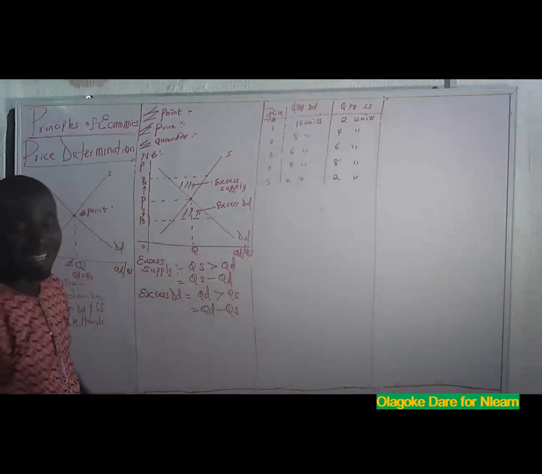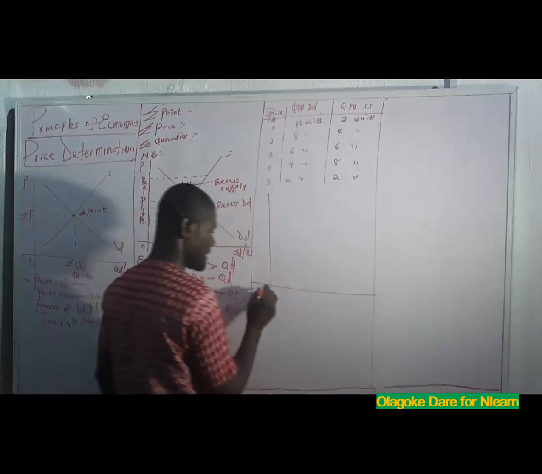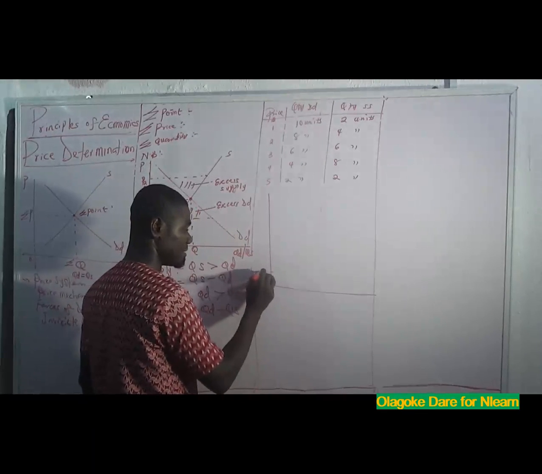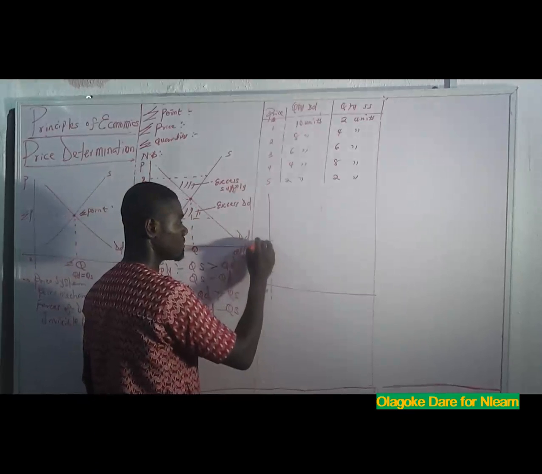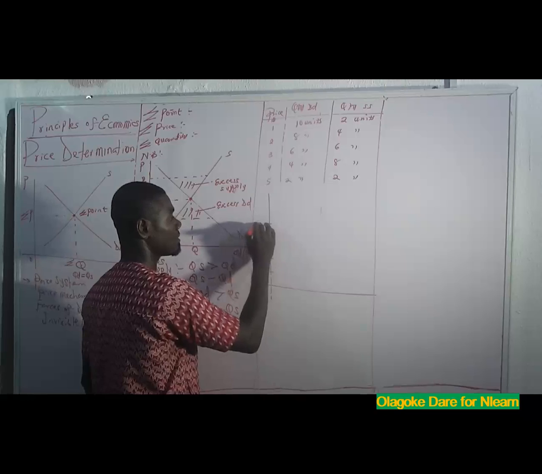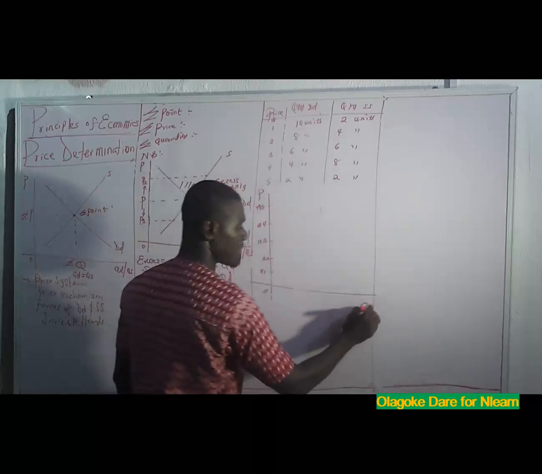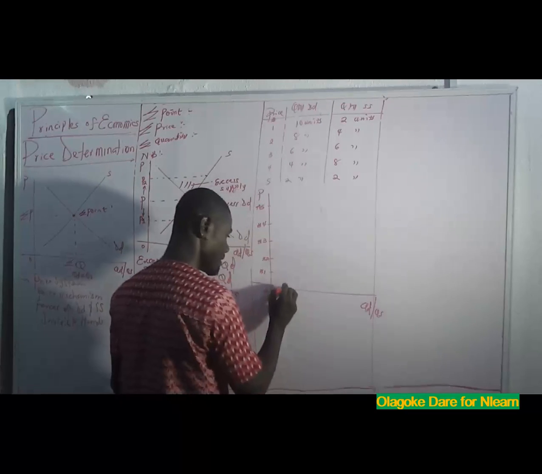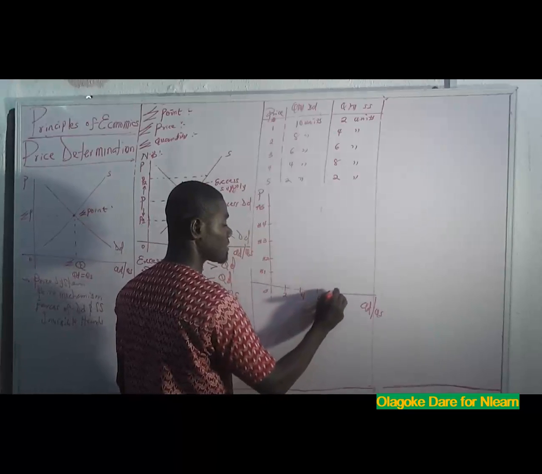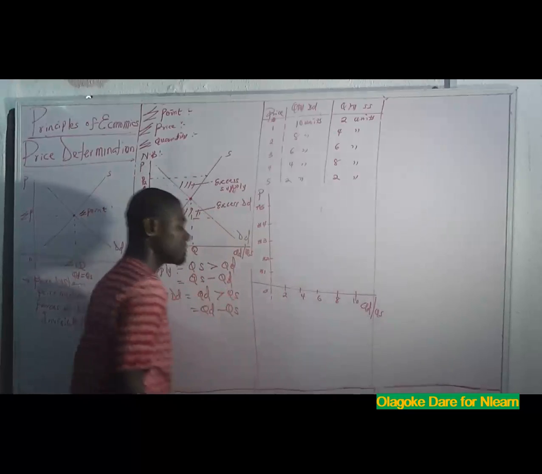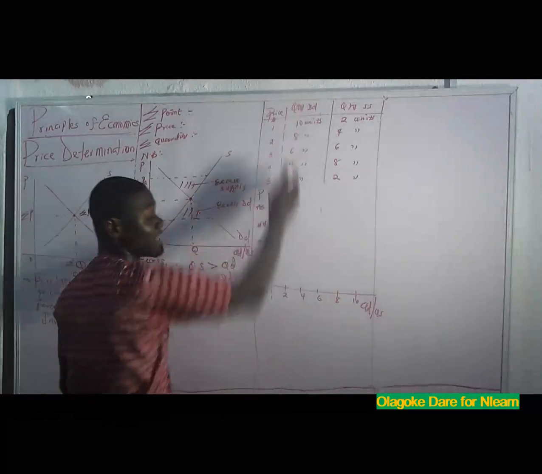From this table, I can present it in a graph. Let's say my price is 1, 2, 3, 4 naira and 5 naira. Here's my quantity demanded and quantity supplied. Let's say I have 2, 4, 6, 8, and 10. Let me do my demand first.